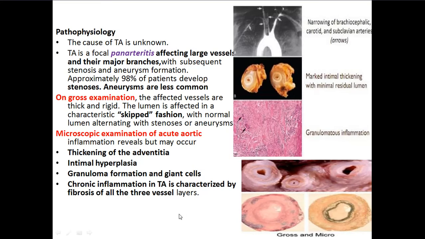As you can see here, pan-arteritis, involvement of all 3 vessel layers, the thickening of the adventitia, intimal hyperplasia, and granuloma formation and giant cells. So the important points are the pan-arteritis, mostly stenosis, a skipped fashion, involving all 3 layers, intimal hyperplasia and giant cell formation. It's a granulomatous disease.